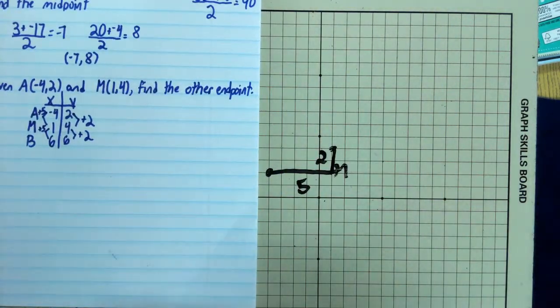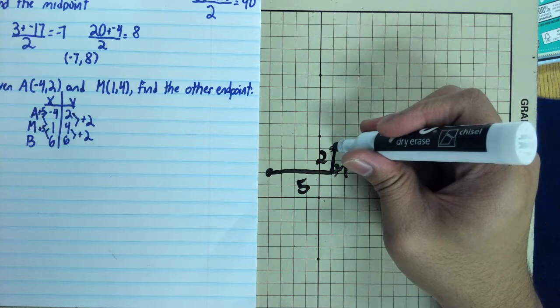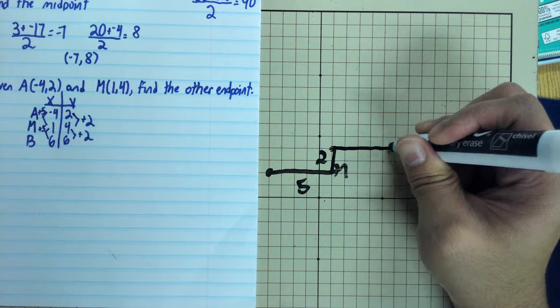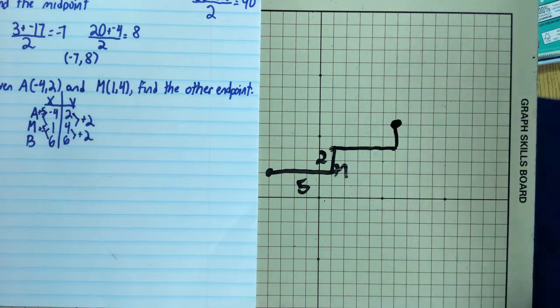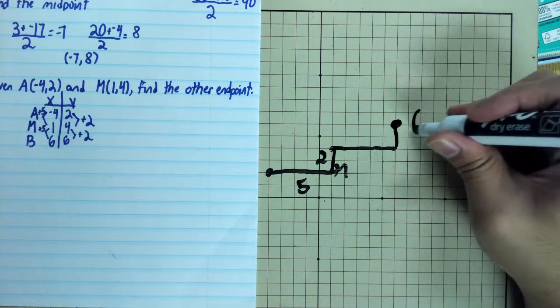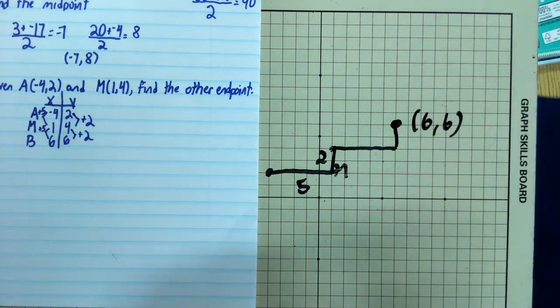And let's compare. I move over 5, 1, 2, 3, 4, 5, and up 2. There's my point, which is at 6, comma 6. Okay.